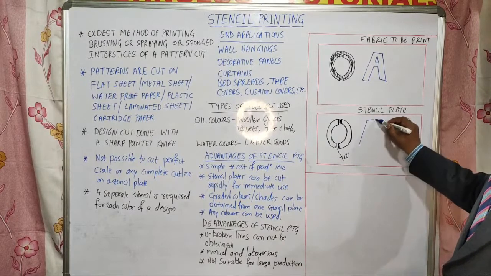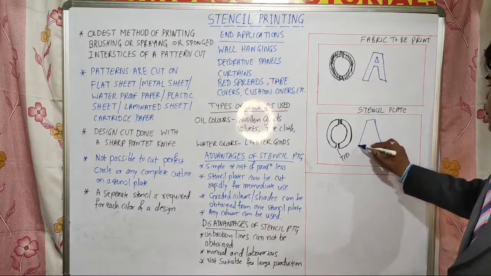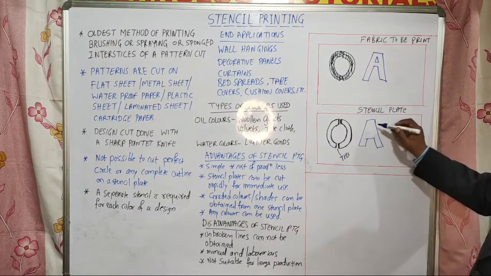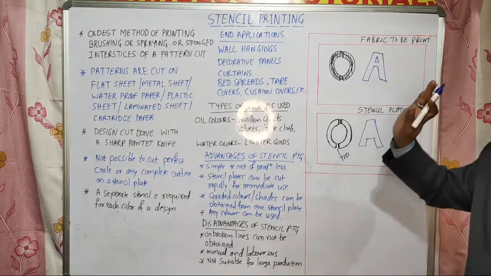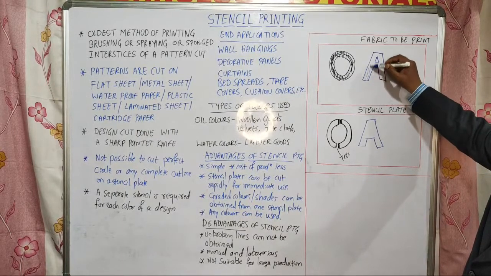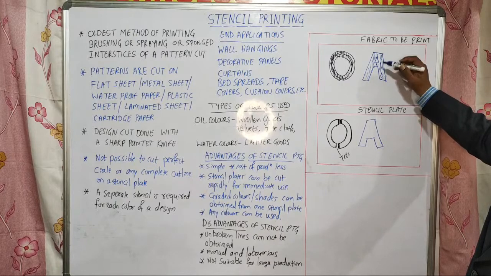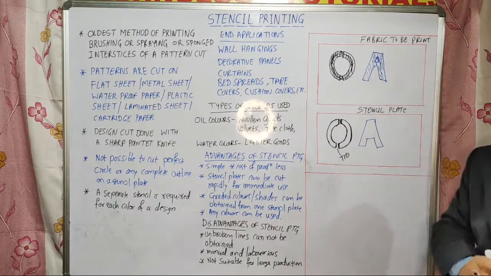If I cut like this, first I will cut like this, then this portion will be out. Understood, friends? This inside triangle will be there, and this triangle will be out.